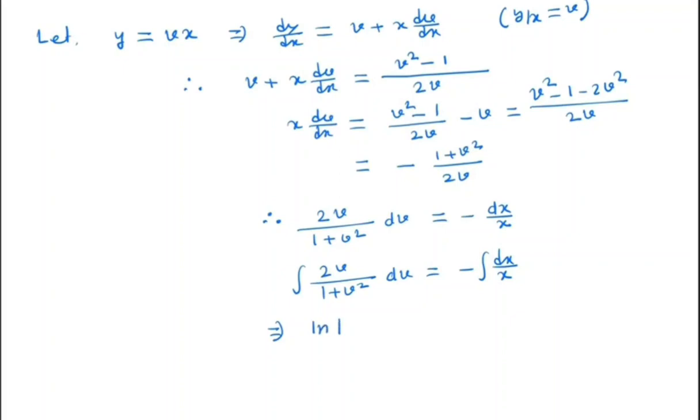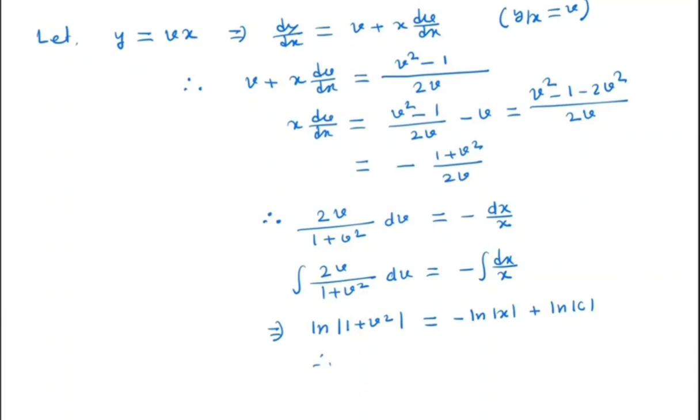So it is just ln(1 plus v square), equal to minus ln mod x, and for simplification we take the constant as ln c.